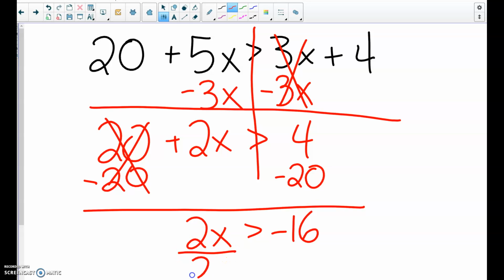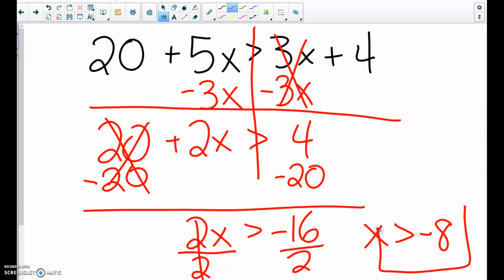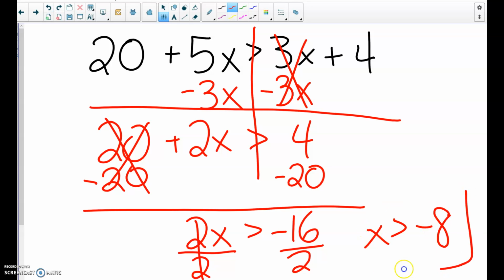Then 2 times x, so I'm going to divide both sides by 2. I get x is greater than negative 16 divided by 2, which is negative 8. Since I divided by a positive 2, I don't need to worry about flipping my sign. So just x is greater than negative 8.